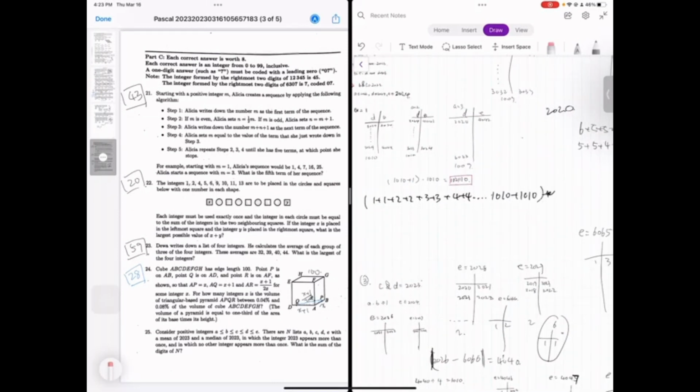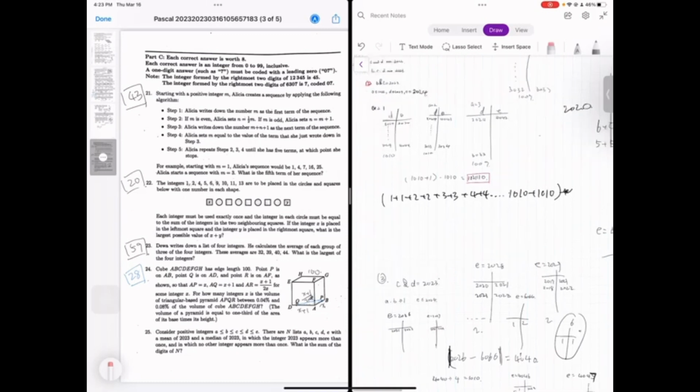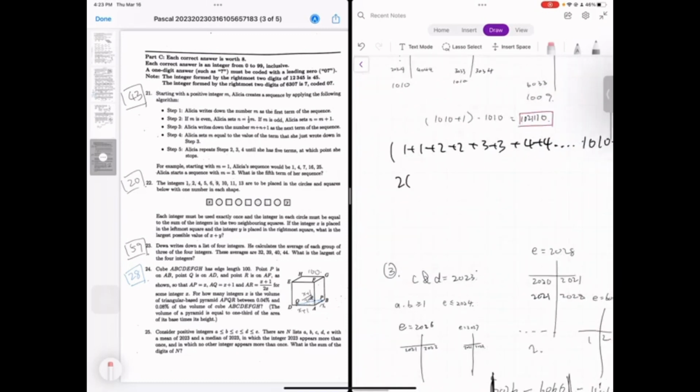That's the end of the pattern. So this is basically equal to 2 times 1 plus 2 plus 3 plus 4 plus 5 till 1010. So we can just use the summation formula.